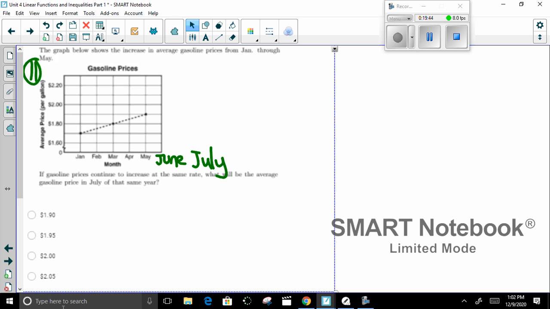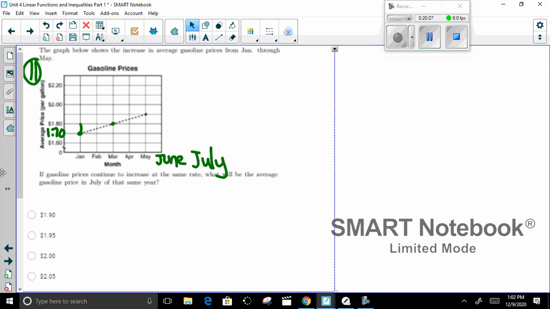All right, so in January, the price is how much? Well, it's right between 160 and 180, so it looks to me like it's 170. In March, it's 180. Now keep in mind, from January to March, that's 2 months.